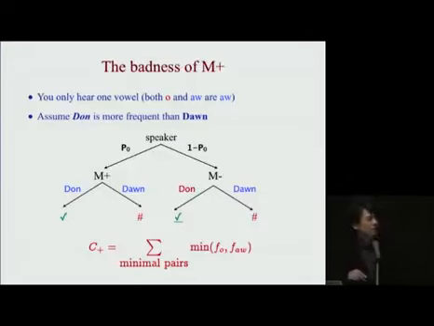So what I mean here is that if the merger speaker is saying "Don" intending to mean "Don", and if you are using the merger phoneme system, you're going to hear the two words to be the same. And because DON is more frequent than DAWN, so it's actually intended to be DON, you will be right. But if it's intended to be DAWN, you will be wrong.